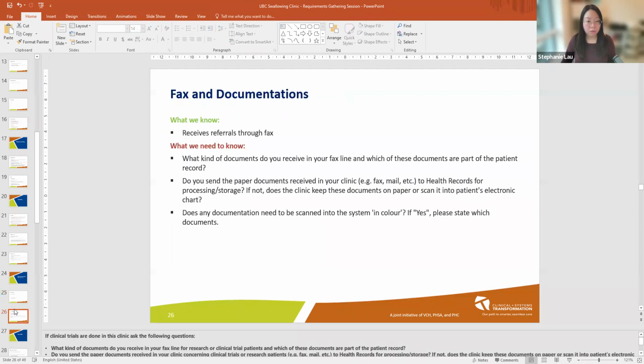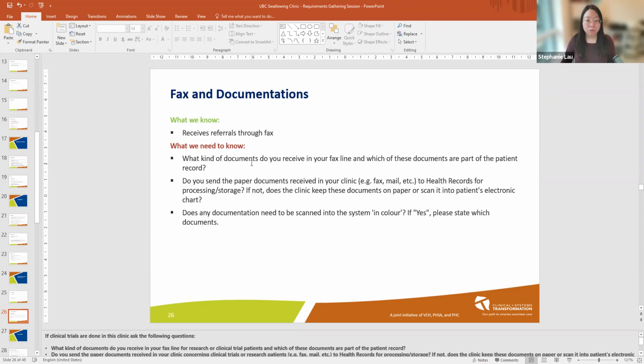All right, so like we mentioned earlier, the referral requisition is received through fax, and some of the other documents that would support prioritization and give pertinent medical history and information of the patient will be sent along with the fax.